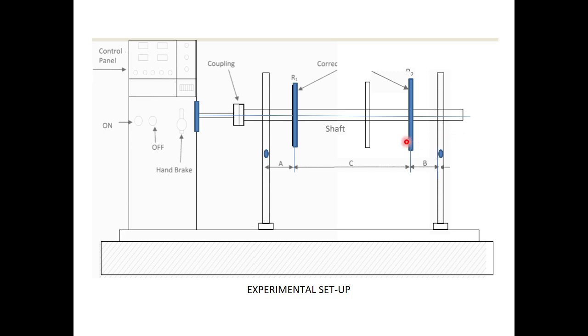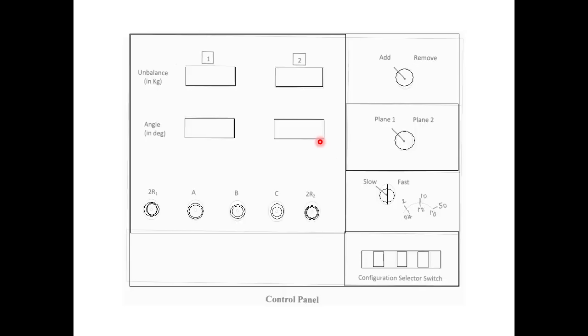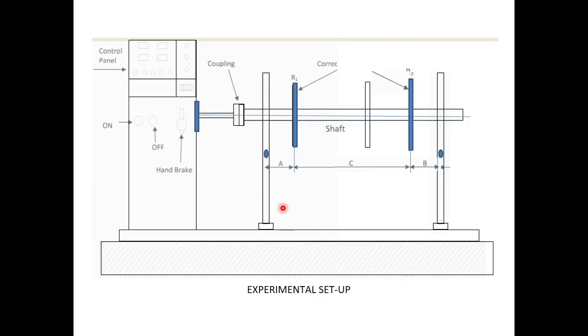So the configuration might be of different types, and accordingly we select this particular choice here. So this is the configuration selector switch, and according to the configuration, the dimensions A, B and C will come.